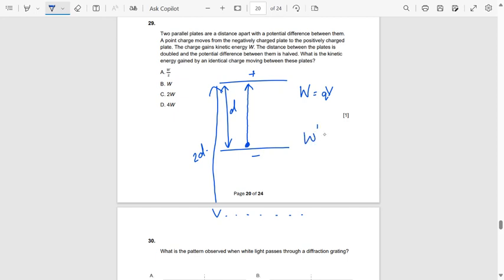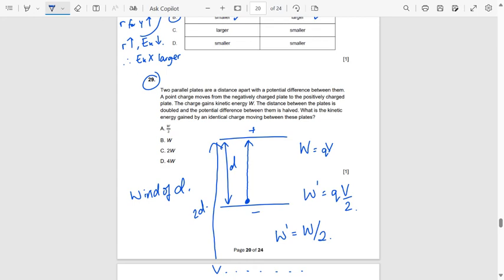So the new work done is, well, it's the same charge, but the potential difference has now halved. So that is half the work done. We don't actually need the distance, that's a red herring. The work done is independent of distance between the plates. So I reckon it's A.